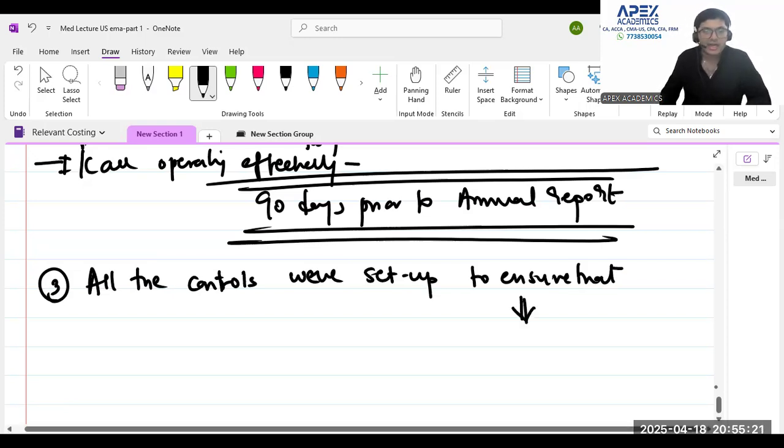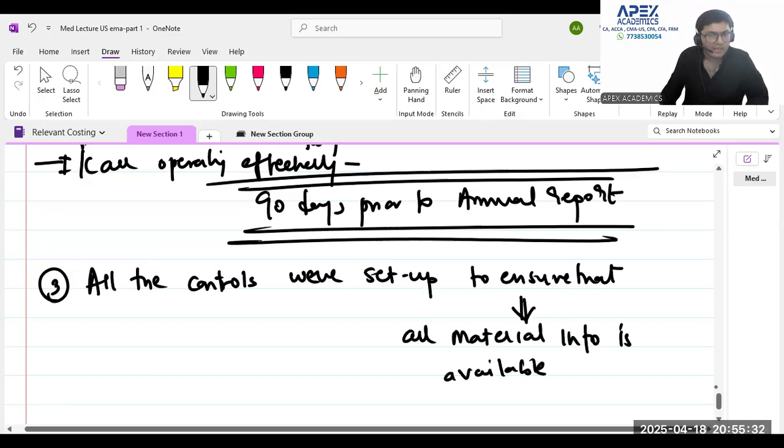To ensure that all material information is available to users of financial statements.